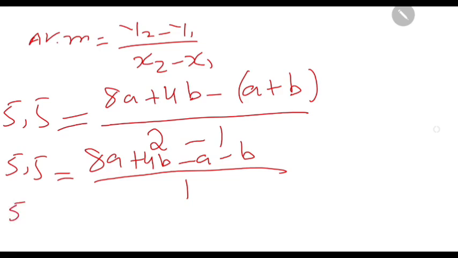Further simplifying, 5.5 = 7a + 3b. This is my equation number 1.